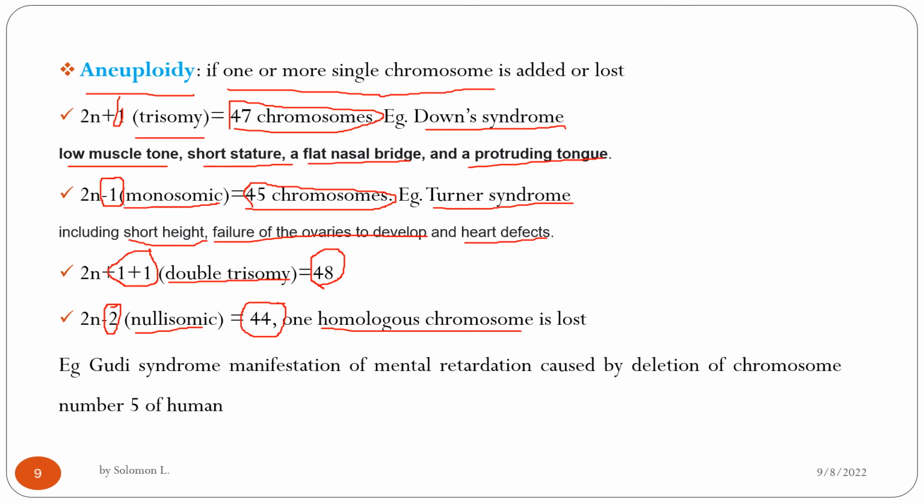A good example of nullisomy is Cri-du-chat syndrome. This syndrome is manifested as mental retardation, which is caused by deletion of human chromosome number 5. This chromosome number 5 means the two homologous chromosomes.